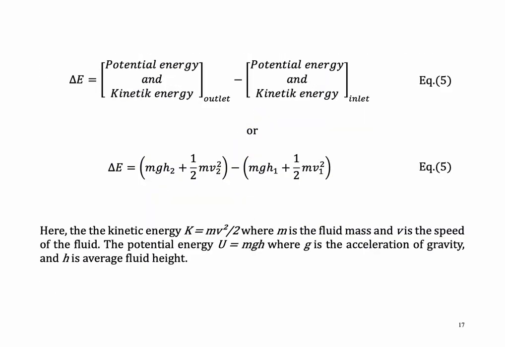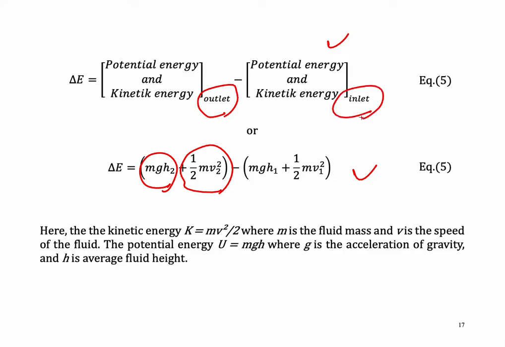Then we could write this term into this one. We know that the potential energy is mgh and the kinetic energy is 1 over 2 mv squared. We substitute the subscripts 1 and 2 to denote the inlet and outlet.